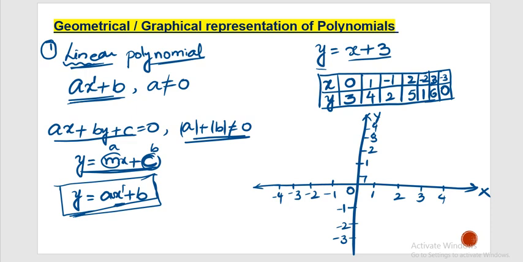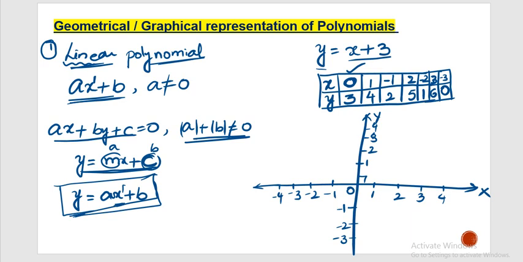Now we are going to plot these points. So first point 0, 3. So how to plot the point? So 0, 3 means, this 0 is the x coordinate, which says whether to move right or left, whereas the y coordinate says whether to go to the upper side or the lower side. That means whether to move onto the positive y-axis or negative y-axis, right.